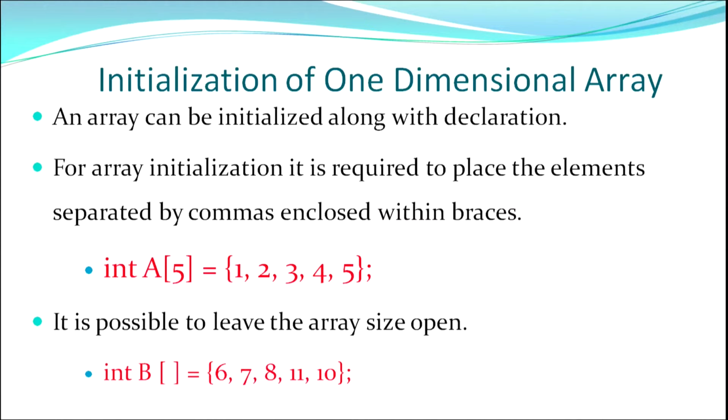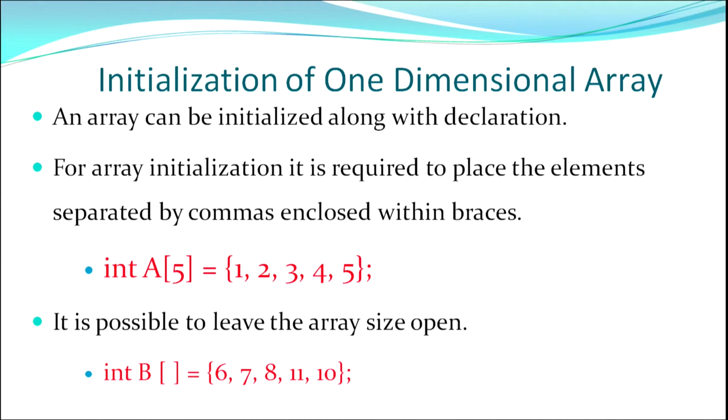The screen shows an example: an integer array of size 5 initialized with values 1, 2, 3, 4, 5. You can see that all values are separated by commas and the entire set is enclosed in curly brackets. If the array is declared with size 5, then 5 values are given at the time of declaration itself.